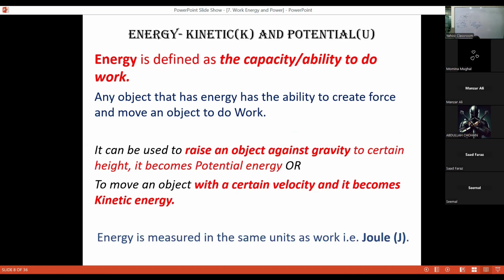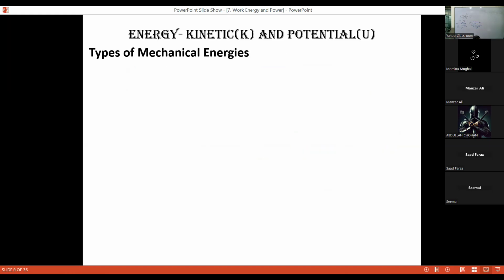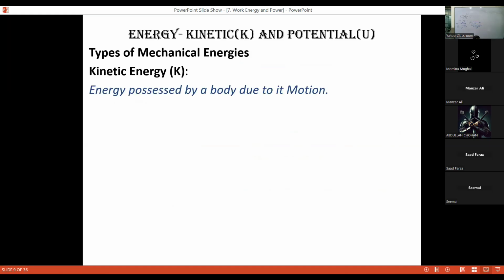Again, it is measured in joules. How do we define kinetic energy and potential energy? In this case, kinetic energy is energy possessed by a body due to its motion, and the formula is half mv squared.